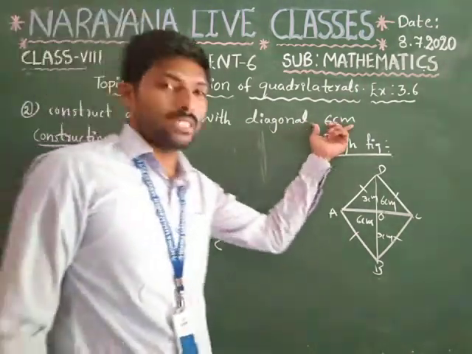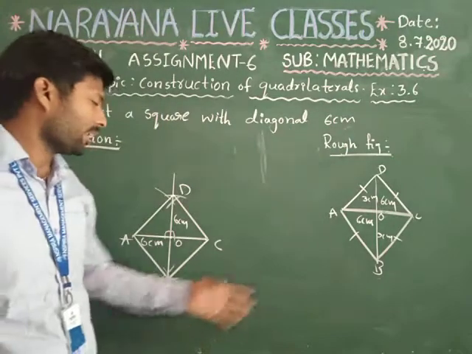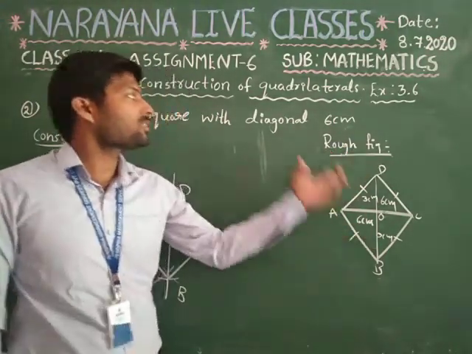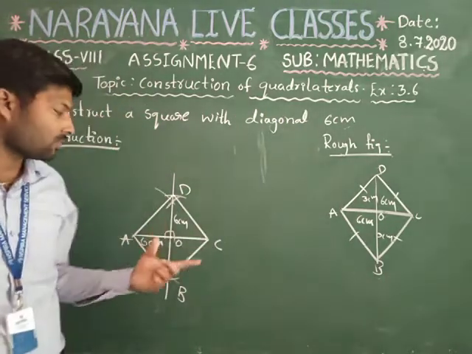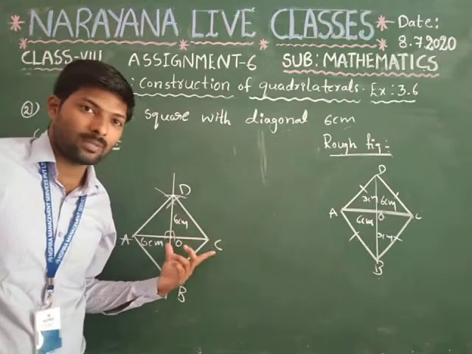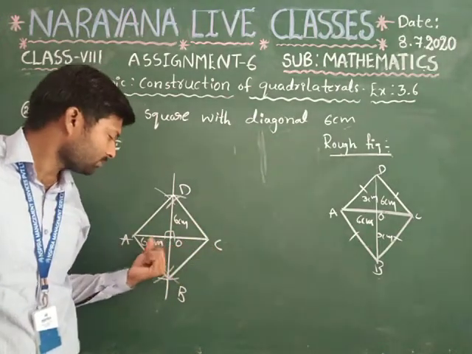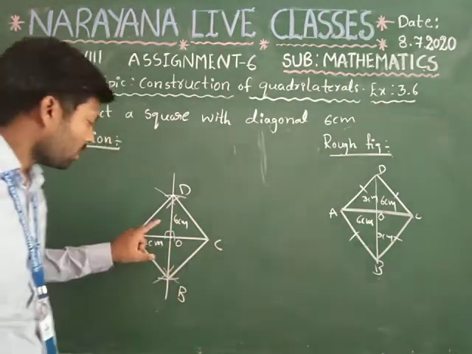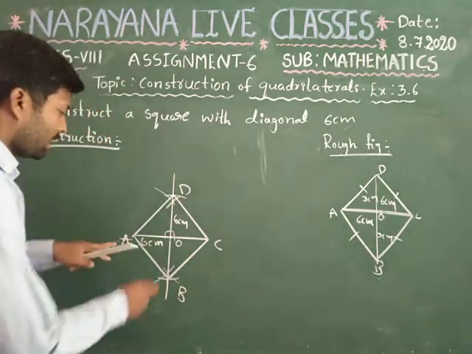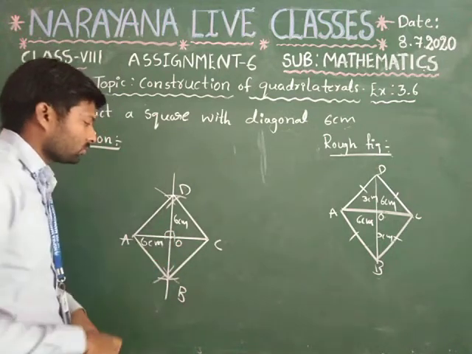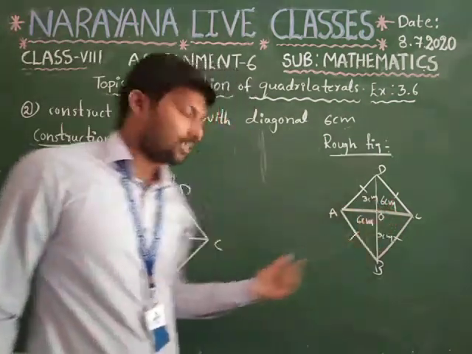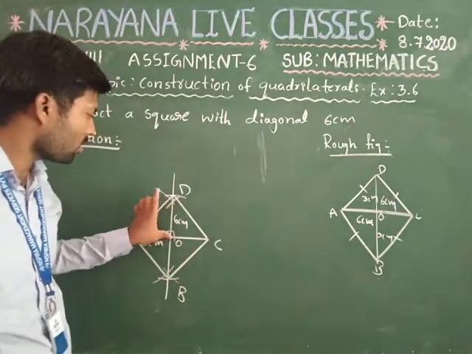diagonal as how much is given? 6 centimeters. After that, you can write the steps of construction. Draw the rough figure and label it based on the given measurement. The second one, take line segment AC, the diagonal, as a reference segment whose length is 6 centimeter. Draw the perpendicular bisector of line segment AC. Again, from point O, take 3 centimeters as a radius with center as O. Draw an arc up and down.